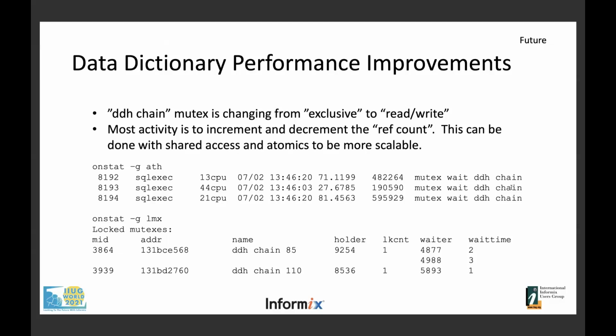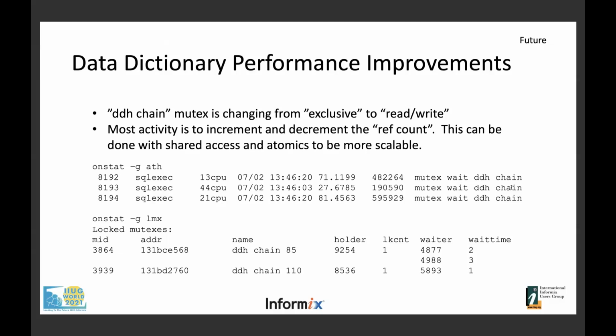So, I know, probably even as far back as 15 years ago or so, even in my support days, I've seen this type of mutex wait on DDH chain. And many times it's not a big deal.